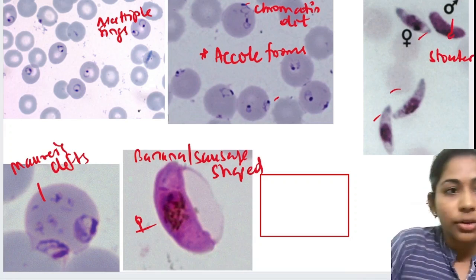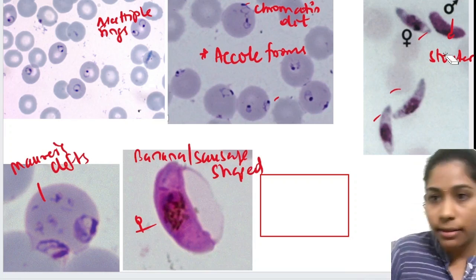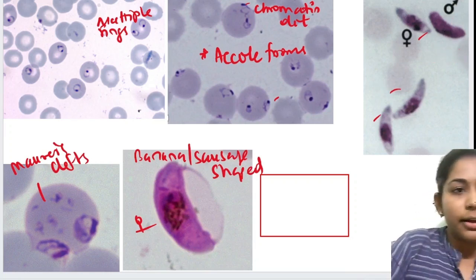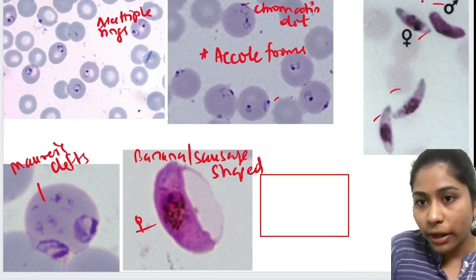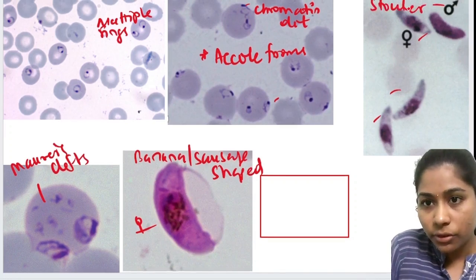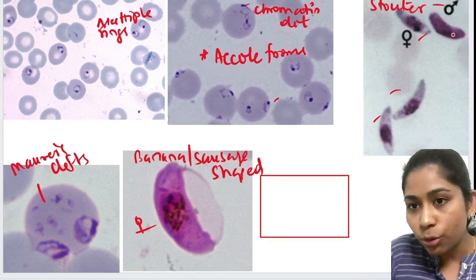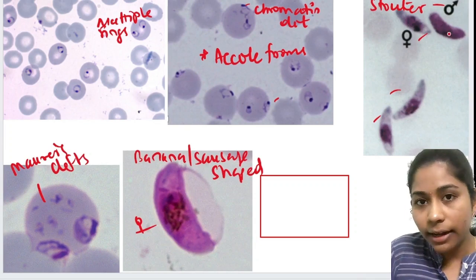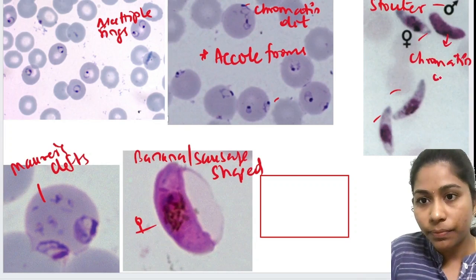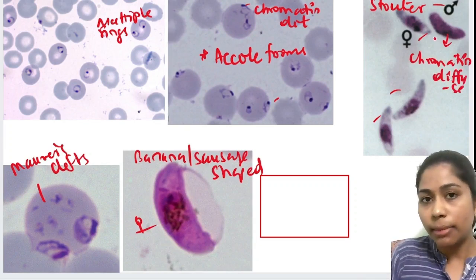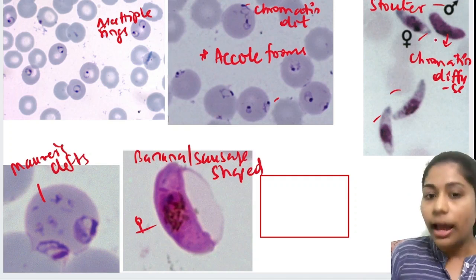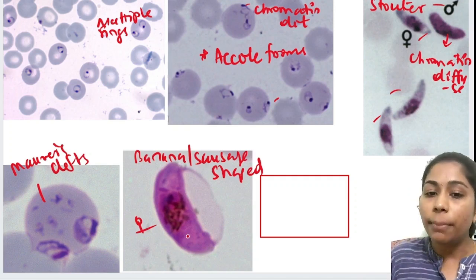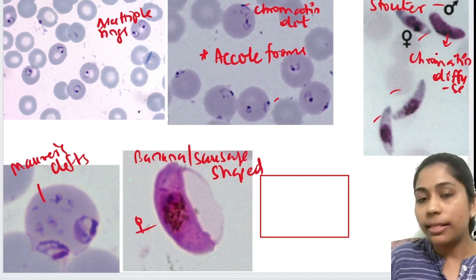I'll erase here so that you can see the diagram. The male gametocytes are stouter, and the chromatin is diffuse, present in the entire cell. So that is how you differentiate them: females are slender with clumped central chromatin, and males are stouter with diffuse chromatin.